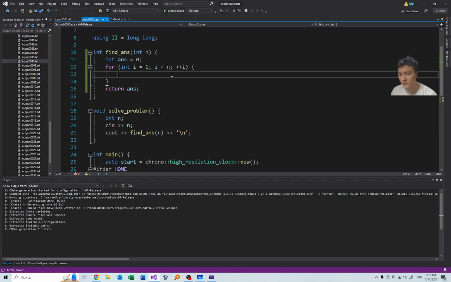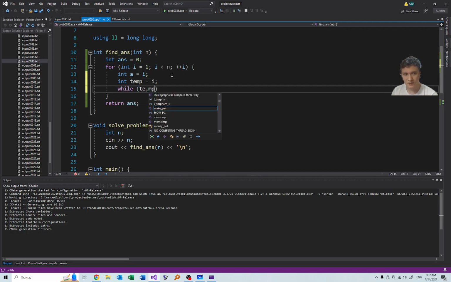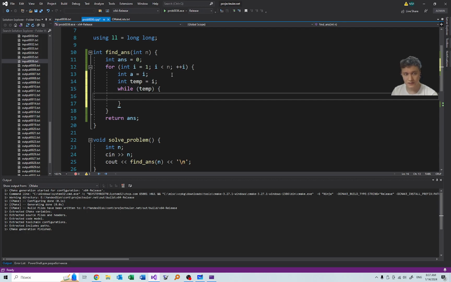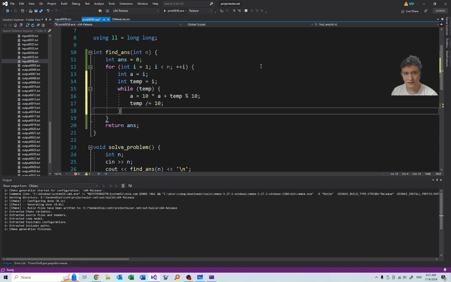First of all, I want to just flip it. To do that, I say int a equals i, int temp equals i. Then I make the flips, so while temp, a equals 10 times a plus temp % 10, temp divided by 10.